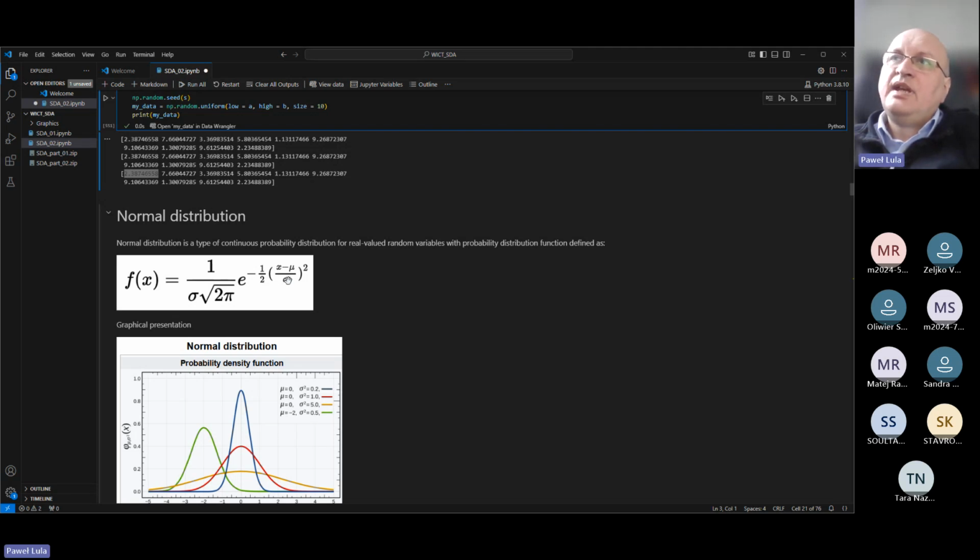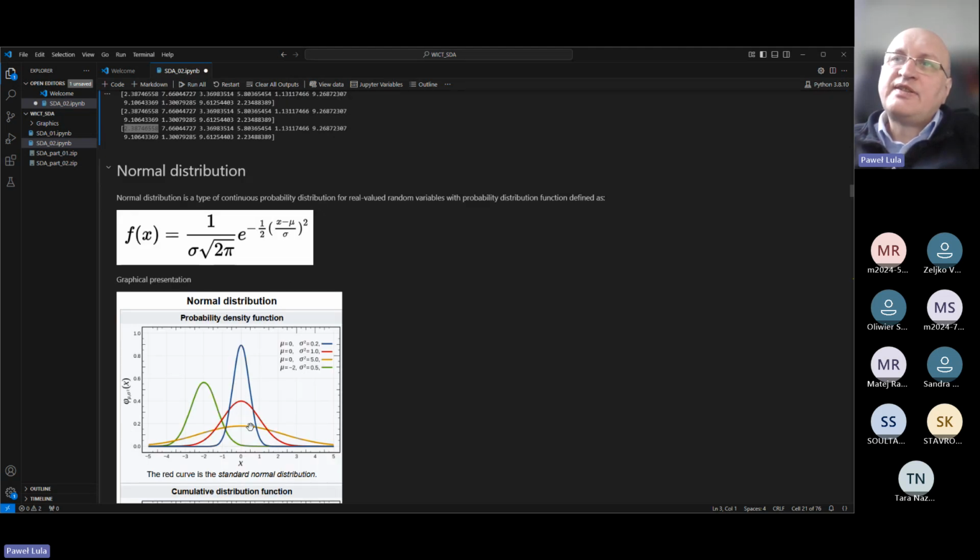Maybe first mi. This Greek letter mi here represents the position of this curve. For example, for this blue one, mi is equal to 0. It means that the highest value of this probability density function is for x equal to 0.